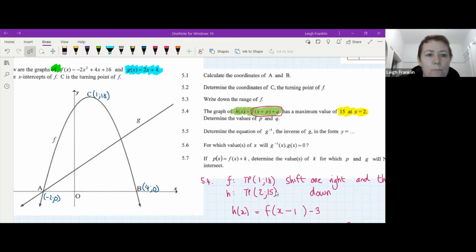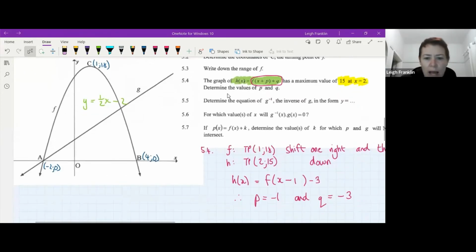I got 1 over 2x minus 2 is equals to y. So like that. Is that what you got? Yes, ma'am. What I've just written on the screen now. Okay. All right. So in other words, where Johannes has got +2, you've got -2. Yes, ma'am. All right. That's fine.